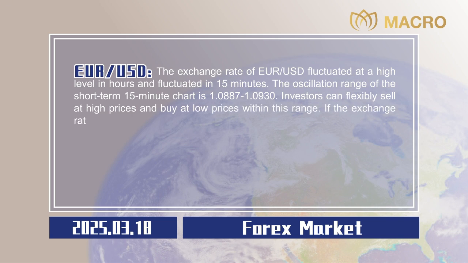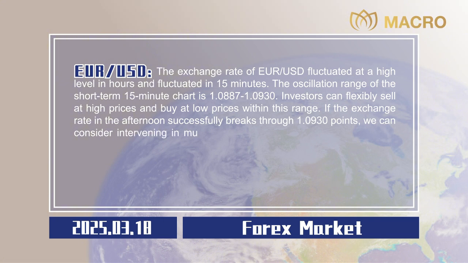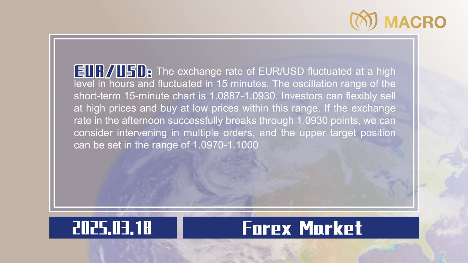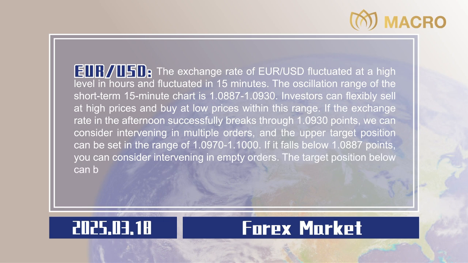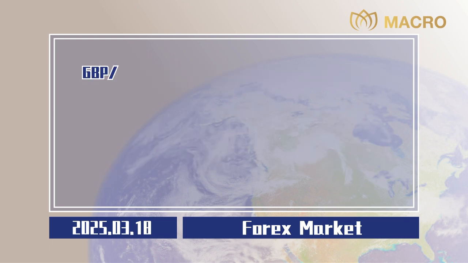If the exchange rate in the afternoon successfully breaks through 1.0930 points, we can consider intervening in long orders, and the upper target position can be set in the range of 1.0970 to 1.1000. If it falls below 1.0887 points, you can consider intervening in short orders. The target position below can be seen in the range of 1.0830 to 1.0780. Stop losses are all 20 points, 0.0020.